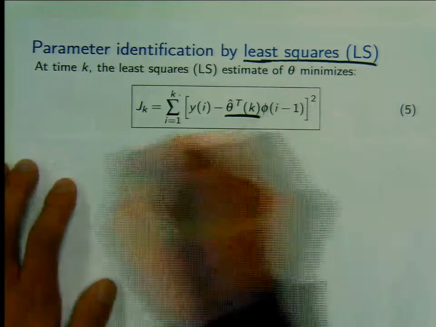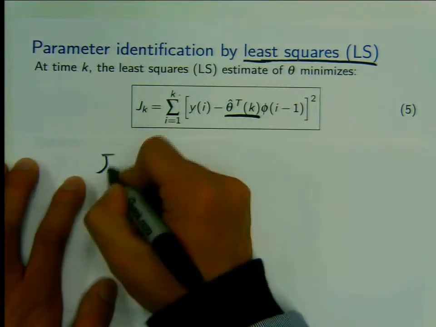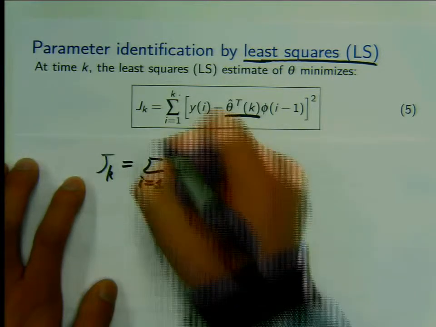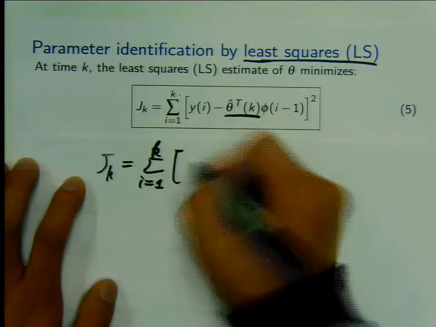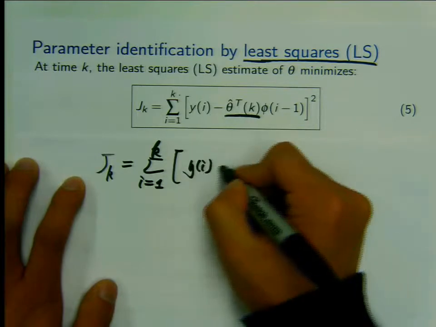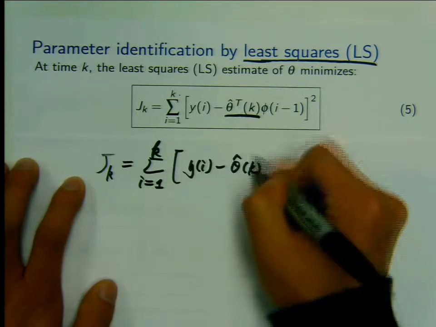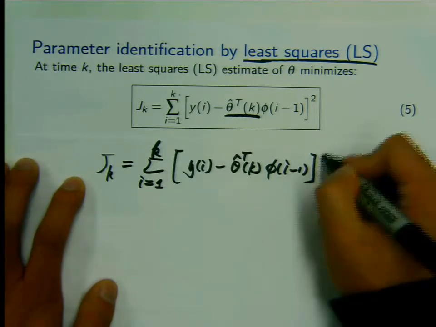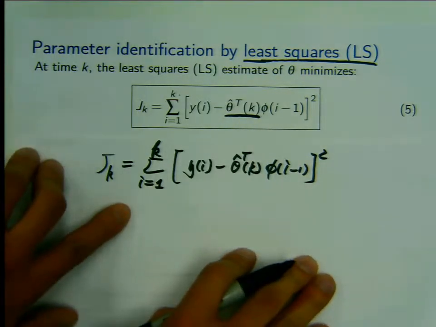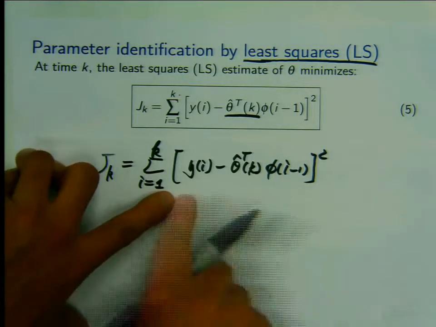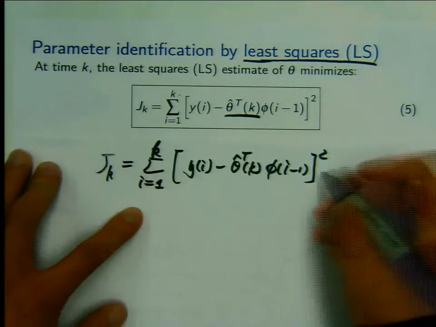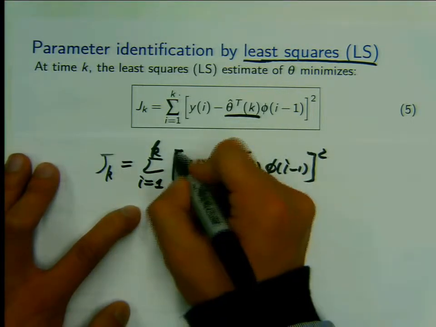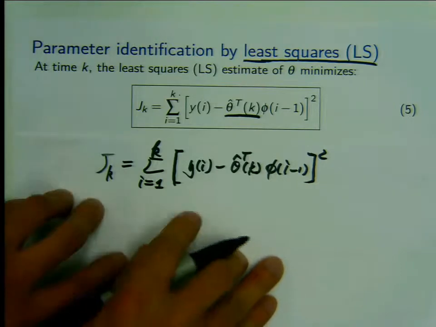Okay? So can someone tell me, if I want to find the best estimate, what is the exact solution of theta hat k in this case? When you see a quadratic form of something, start thinking about whether it has an exact mathematical solution.